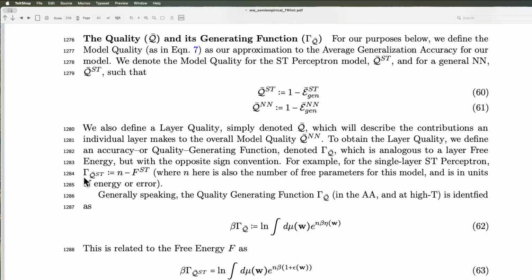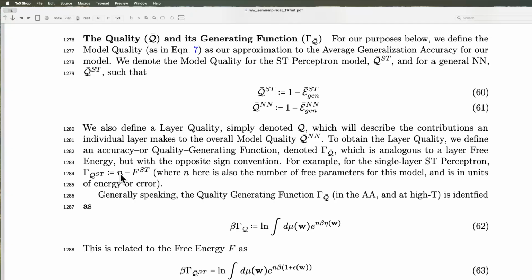When we define these generating functions as 1 minus F, you have to be very careful whether you're looking at the average free energy or the total free energy. Recall the total free energy is size extensive, so it would scale as N. And the average free energy is size intensive, so there would be a 1 here. So that's why this should be the average. This part of the paper is really hard to describe.